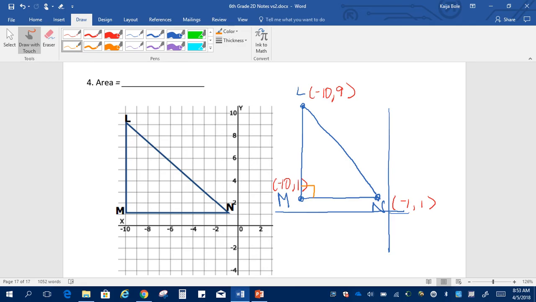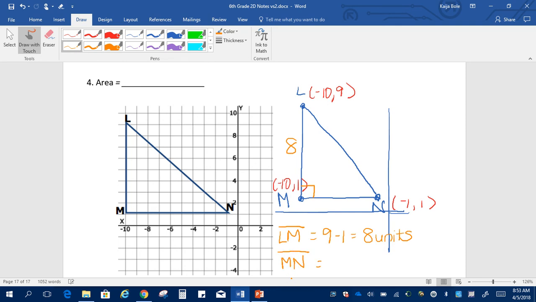First, we have to find the length of LM, which is our height. Because we are on the same side, we are going to subtract. So we're going to have 9 minus 1, which gives us 8 units. So this side is 8. Then our base would be MN.